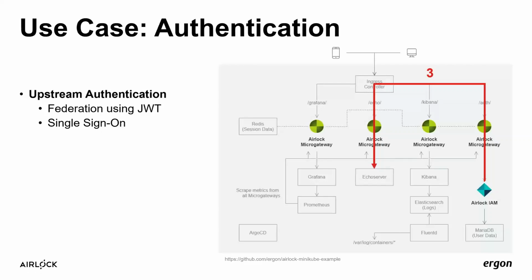Airlock IAM will then redirect, after successful authentication, the user to the echo server. Doing so, in the response, a JWT token will be set in the cookie to the client, which is then sent to the Airlock Microgateway, extracted, and if the JWT is valid, the user will have access to the Echo server.